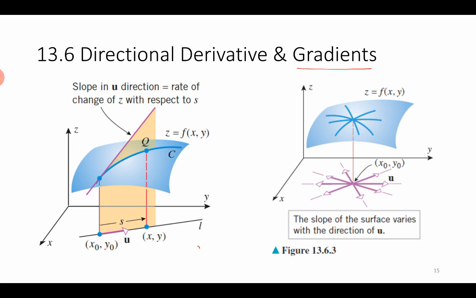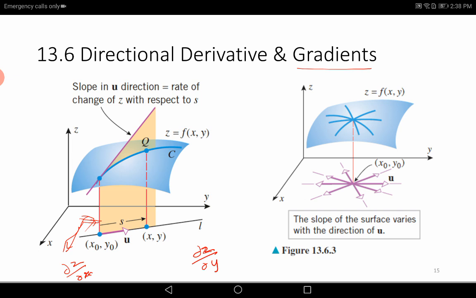If you find ∂z/∂y, it will be parallel to the y-axis. If you find ∂z/∂x, it will be parallel to the x-axis, isn't it? So the rate of change in the x direction is ∂z/∂x, and the rate of change in the y direction is ∂z/∂y. This is what we have seen in the previous chapter.